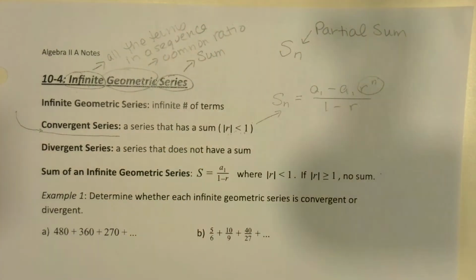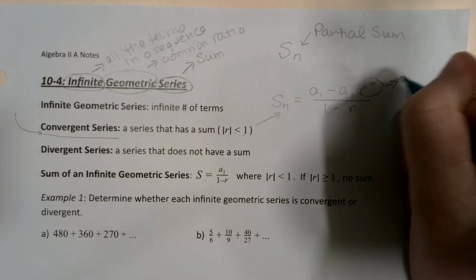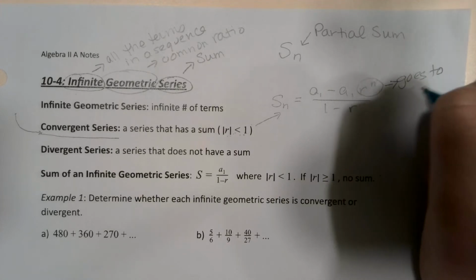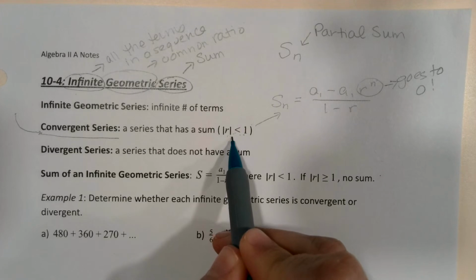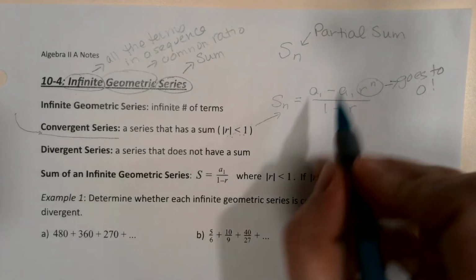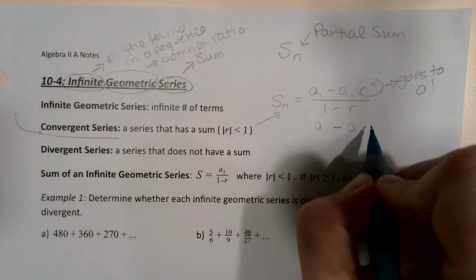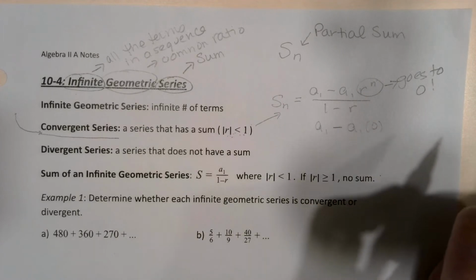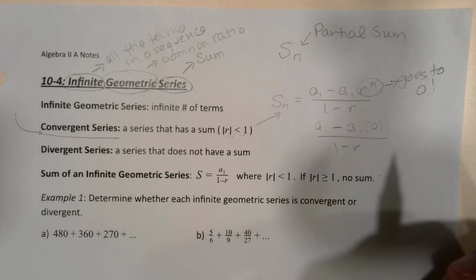So this part goes to 0 when we have a ratio that is a fraction, less than 1. What does that mean? We turn this into the first term times 0, because eventually that's what it goes to, all over 1 minus r.